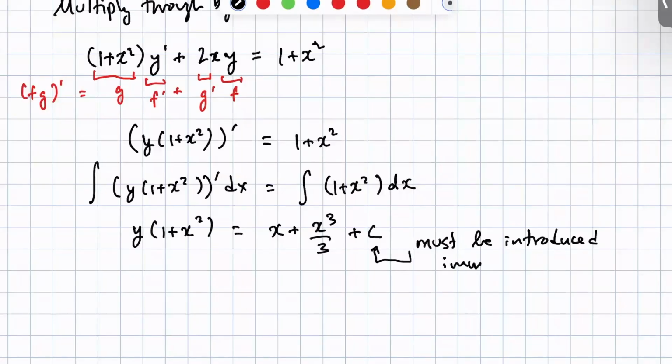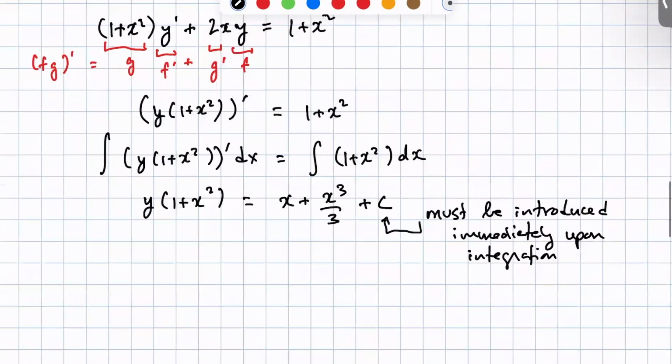Don't do it later, otherwise you get the wrong answer. And now I'm going to solve for y by dividing by 1 plus x squared. So I simply get x plus x cubed over 3 plus c, divided by 1 plus x squared. And that's the answer.